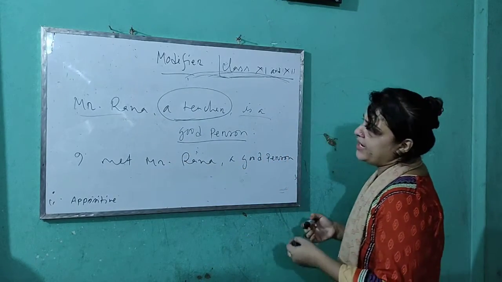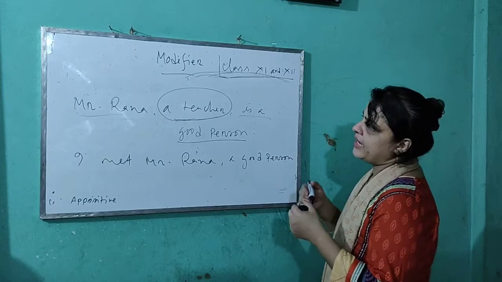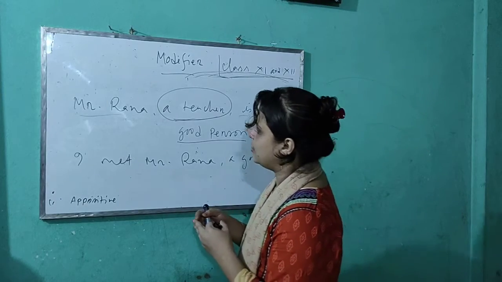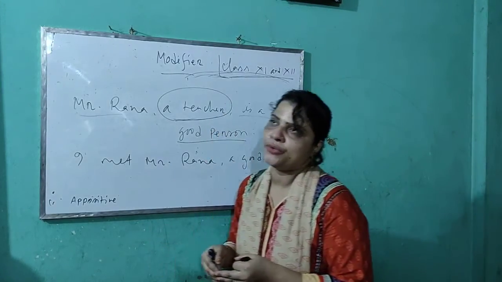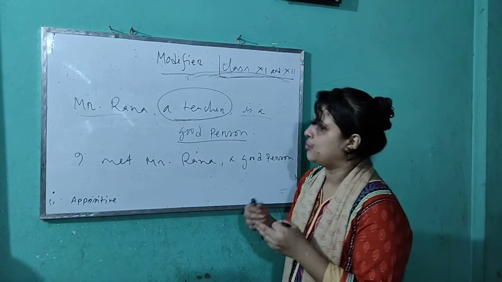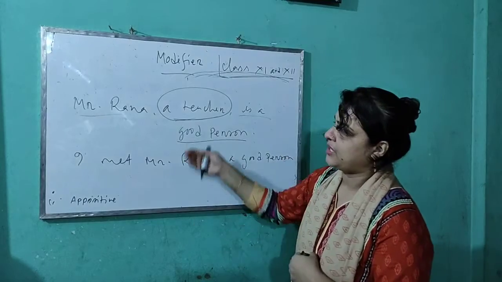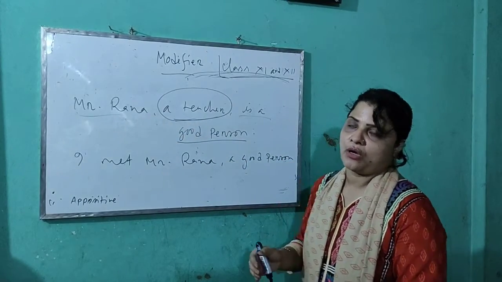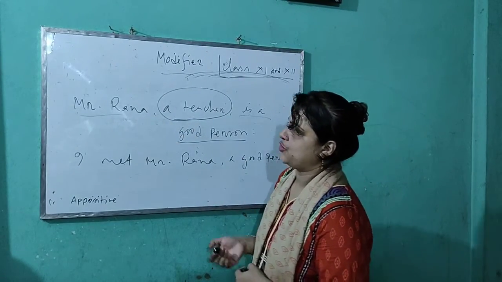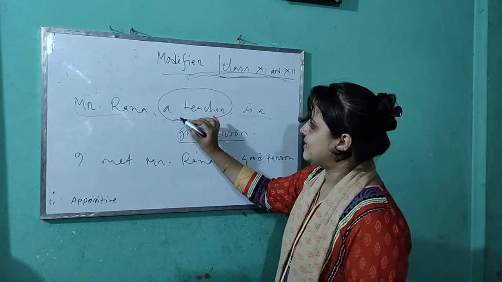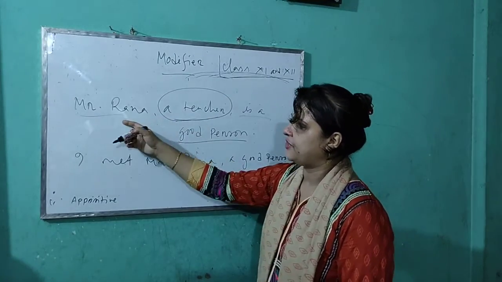Okay, so whenever after a noun you use a word or group of words which gives extra information about the earlier one, this is basically called an appositive. Okay, so this appositive is basically used after the subject.